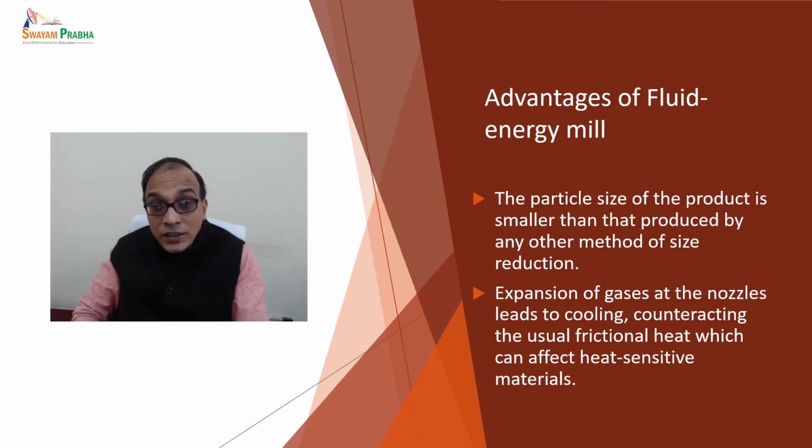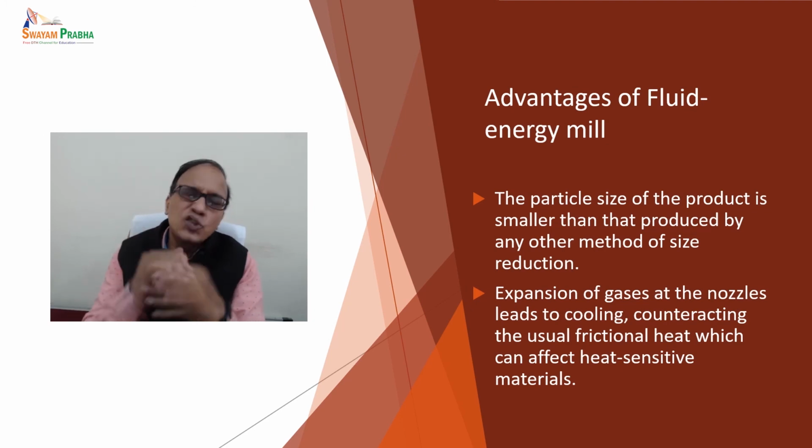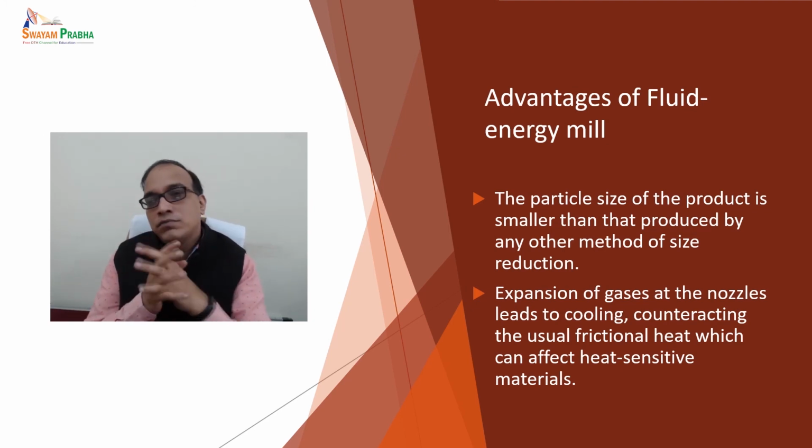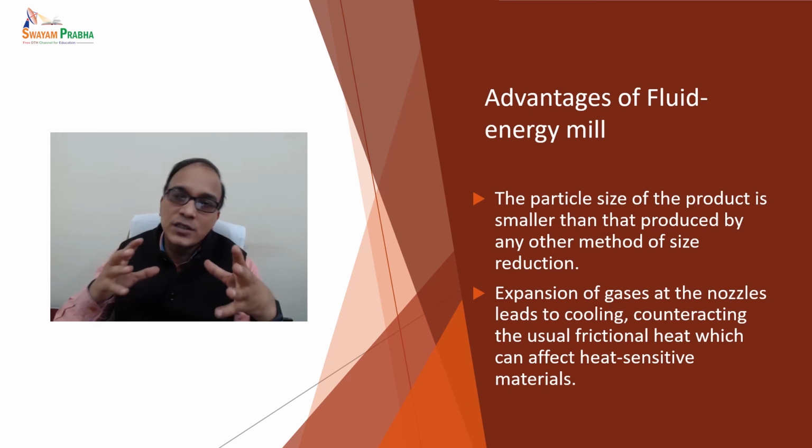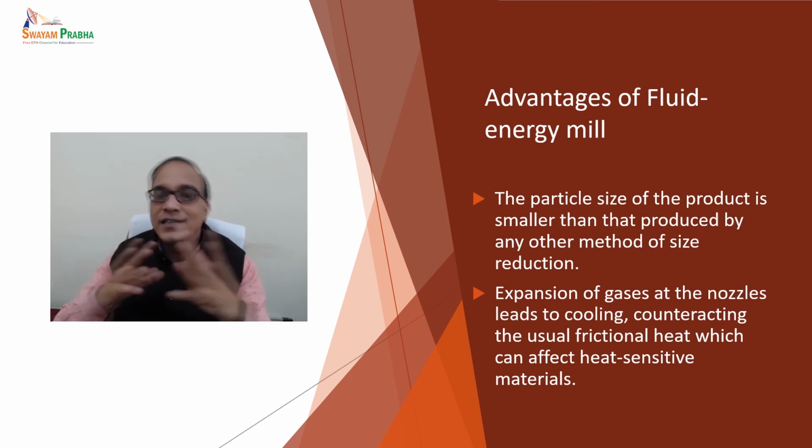Now, what are the advantages of fluid energy mill? The particle size of the product is smaller than that produced by the other methods of size reduction. The expansion of gases at the nozzle leads to cooling, counteracting the usual friction heat, which can affect heat sensitive material.